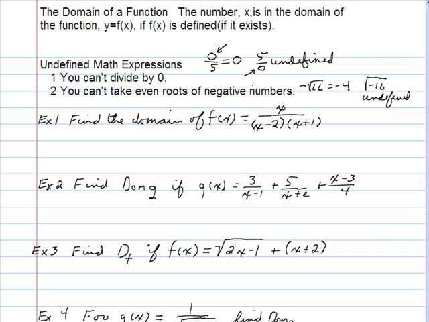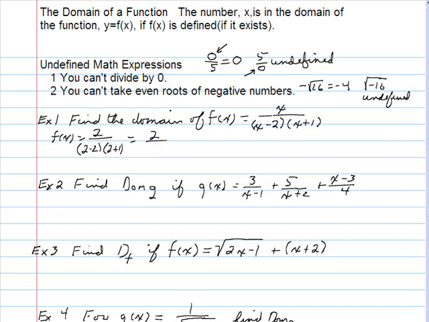Now, with that in mind, let's take a look at some domains. Example 1 says, find the domain of the function f of x equals x over (x minus 2) times (x plus 1). If I let x equals 2, then I would have f of x equals 2 over (2 minus 2) times (2 plus 1).